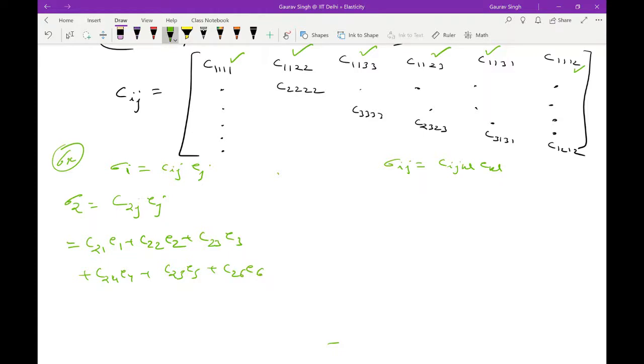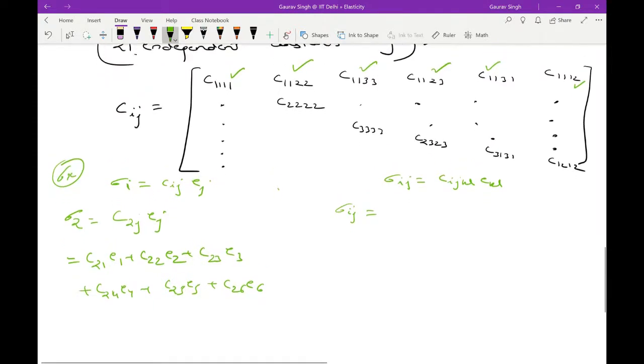Now sigma ij, in this case this would be sigma 22. Sigma y would be equal to sigma 22. Here sigma y would be equal to sigma 2. That would make it C22.